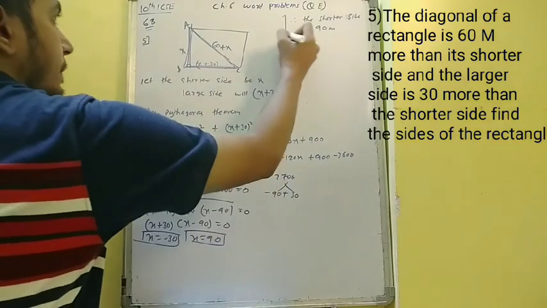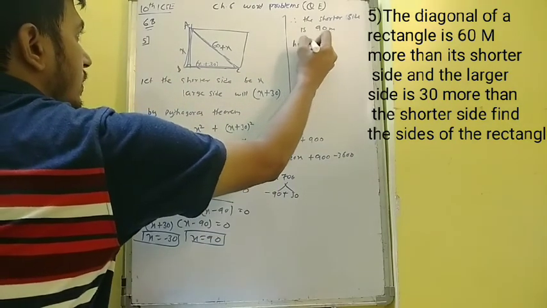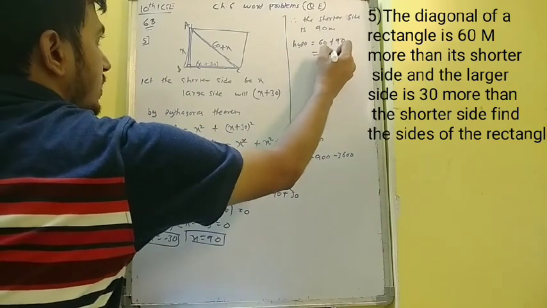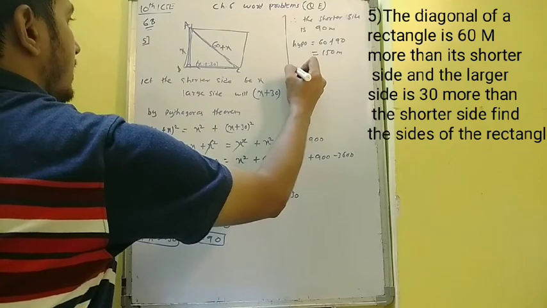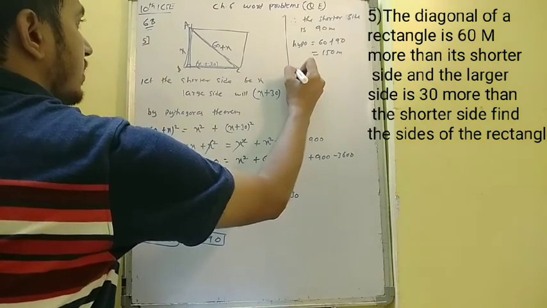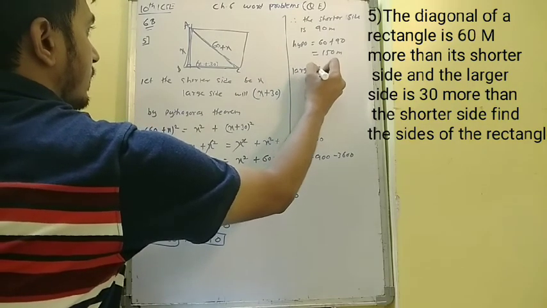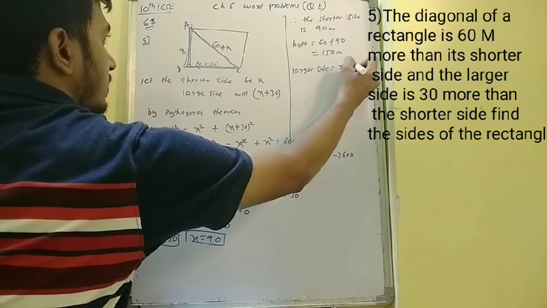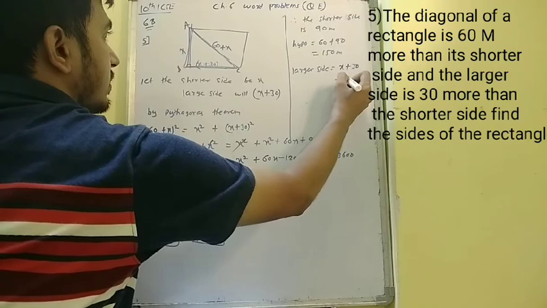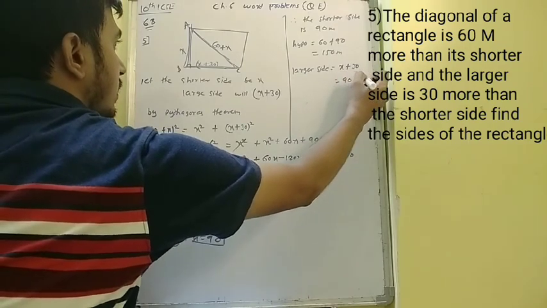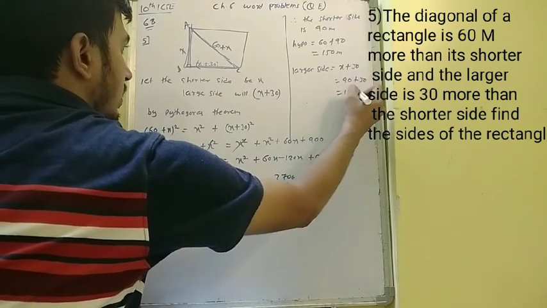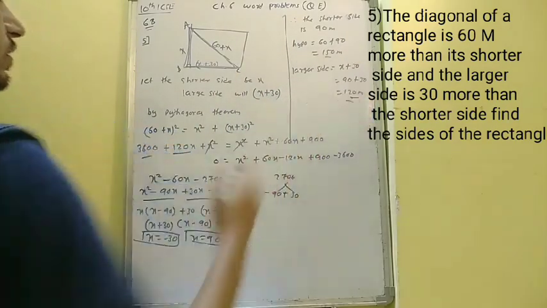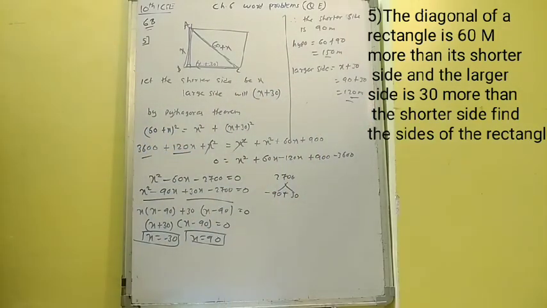Hypotenuse is equal to 60 plus 90, that is 150 meters, and larger side is x plus 30, that is 90 plus 30, which is 120 meters. So these were the sides. Okay, so this is the end of the fifth sum.